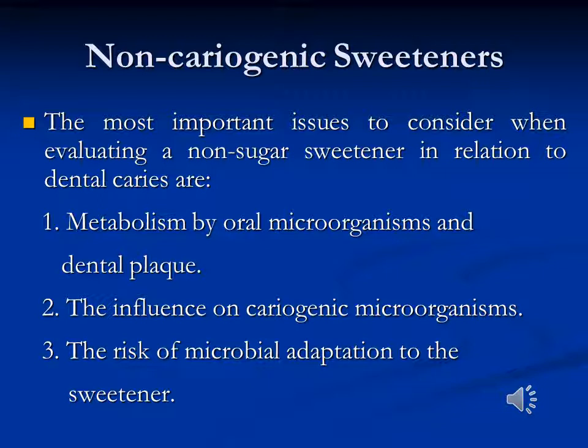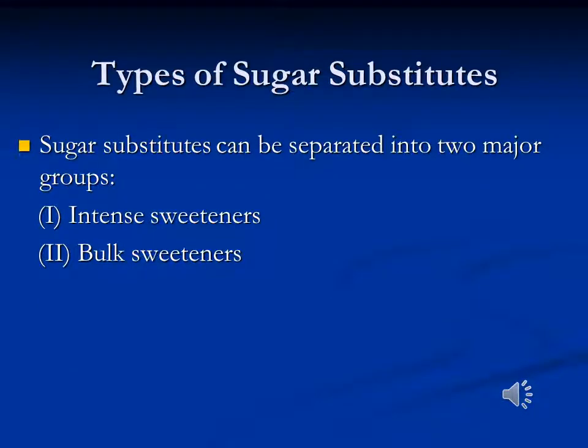And number three, the risk of microbial adaptation, if these bacteria can adapt to these sweeteners and can act on them the same as sugar or not. We have two main types of sugar substitutes: intense sweeteners and bulk sweeteners. We will talk about them in the next slides.